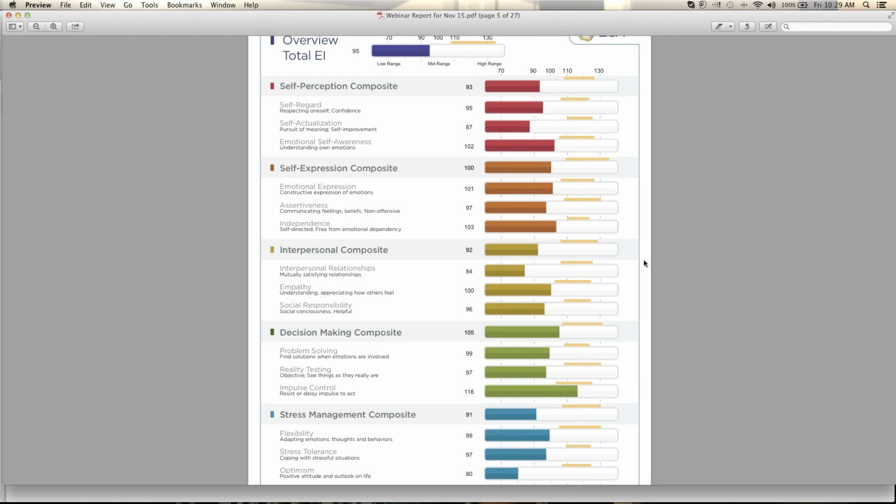Here again, we can see that high score of impulse control, and we see very little other scores reaching that impulse control level, and so that's a bit of a red flag for us who are interpreting scores. And now we're asking ourselves, and eventually we're going to ask our client, what are the potential downsides of this higher score in impulse control?